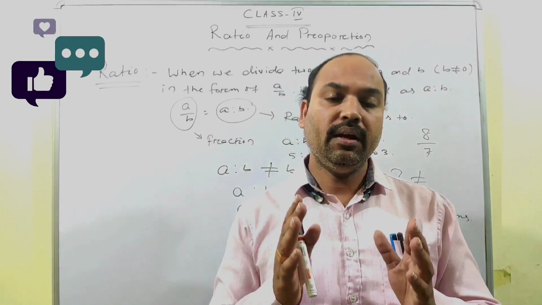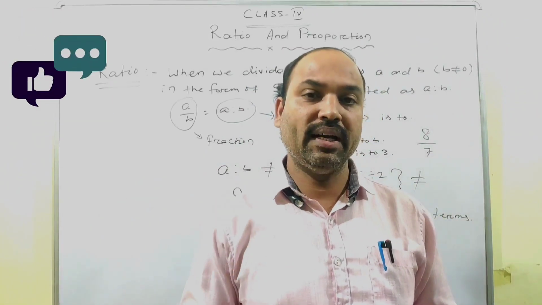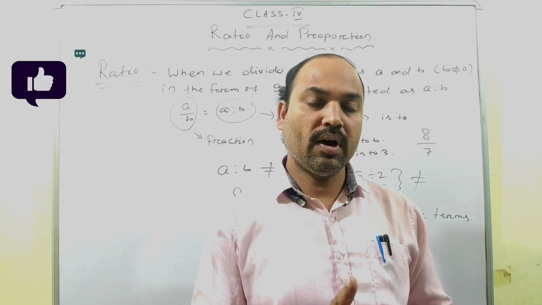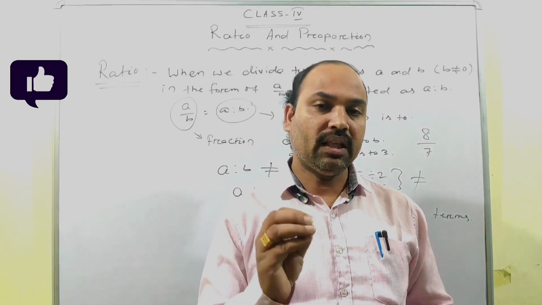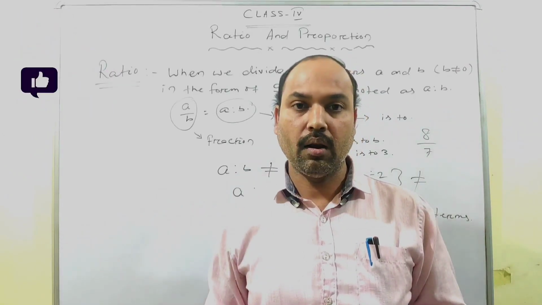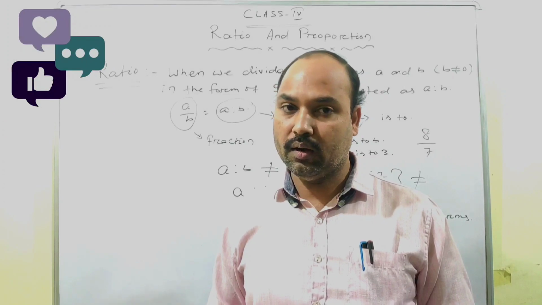Clear? Another thing we discuss: when we find the ratio of any two quantities, these two quantities must be of the same kind. It means their measurement, the unit, must be equal.